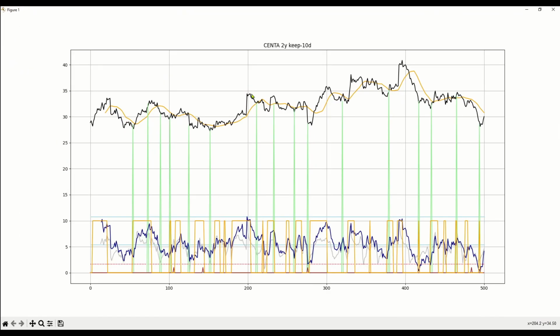Let's see. Okay, so now this is some pretty news, because I actually bought this one, like over here. I bought it like one day after. You see this low.